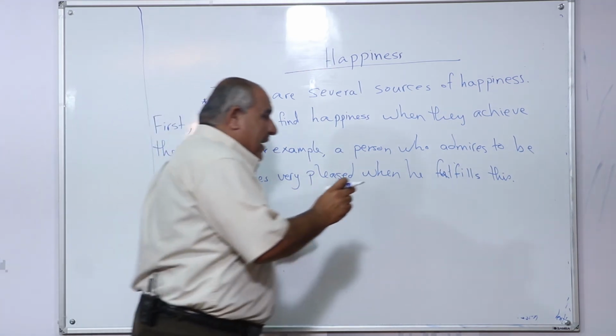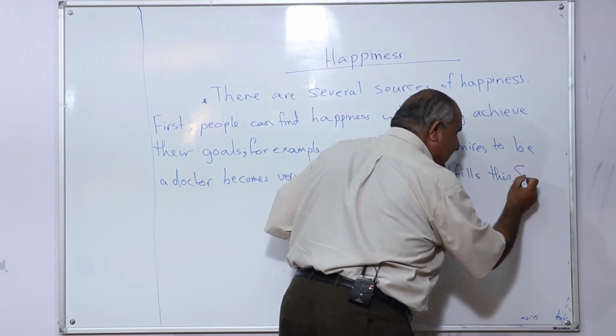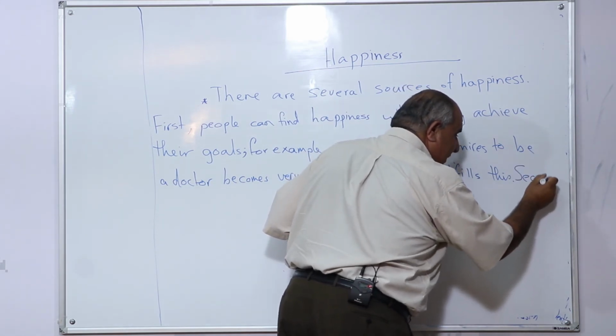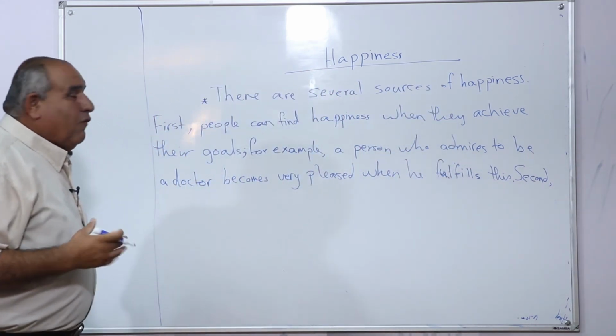Now if there is a space like this, you can use it. You can write second, the second source of happiness.